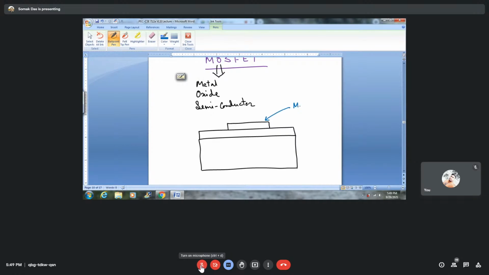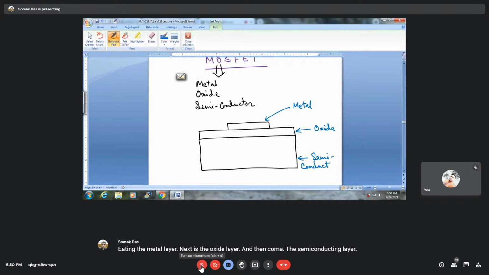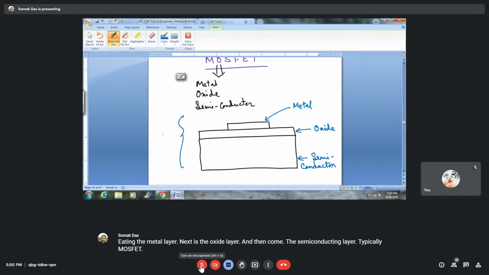This is a metal layer. Next is an oxide layer, and then comes the semiconducting layer. Typically, a MOSFET is a three-layered device.